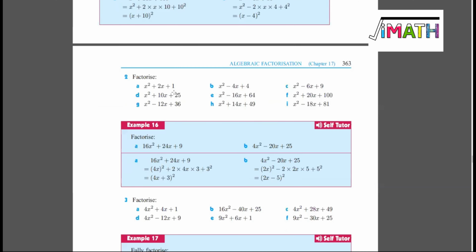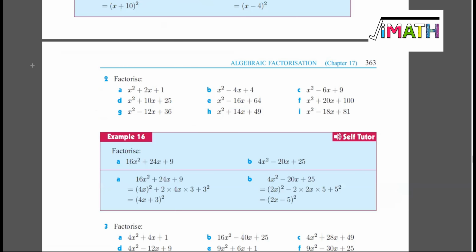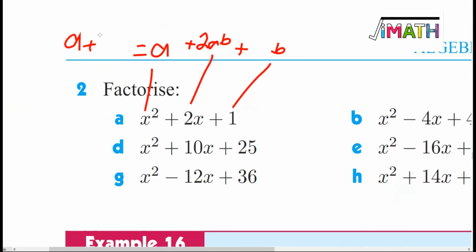Now we're going to be closing this formula. This is the expanded form: this term is a square, this one is b square, and this term is the 2ab term. If I can close this as the formula a plus b whole square, can you close question A?